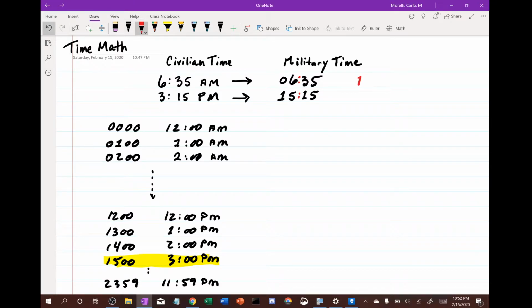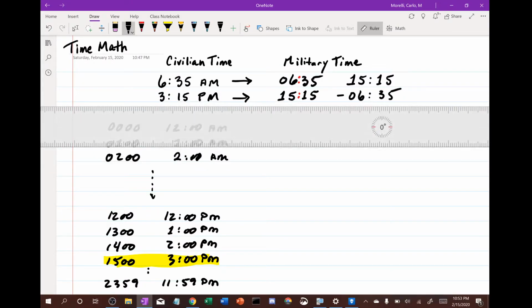So let's do that. You got your 15:15. That's when you got off work at 3:15. And you got on to work at 0635. And we're going to calculate the hours and minutes that you were working.